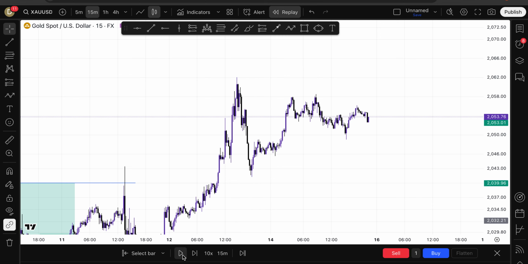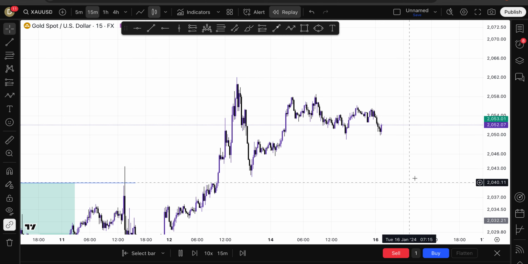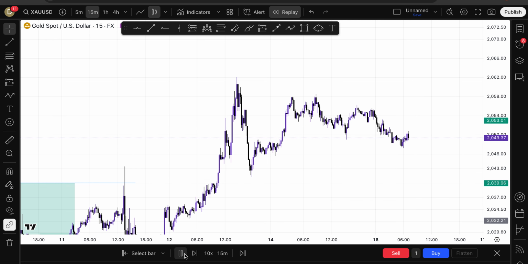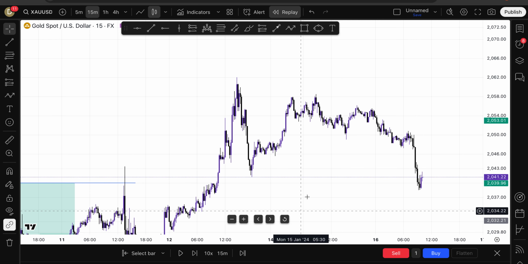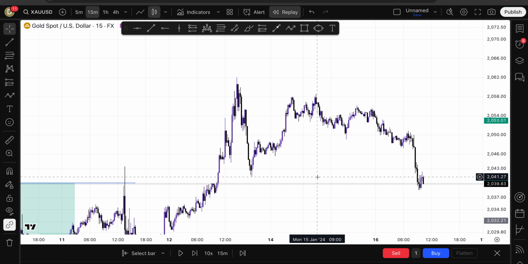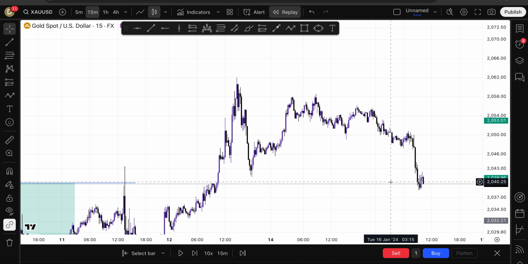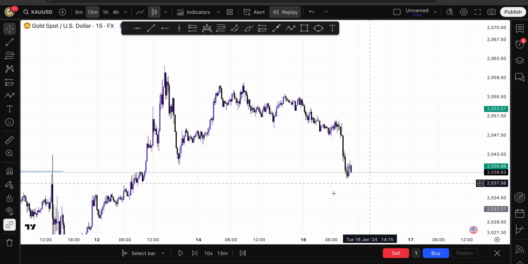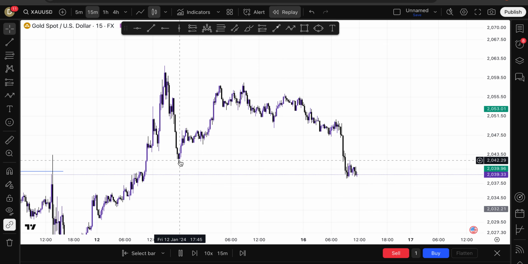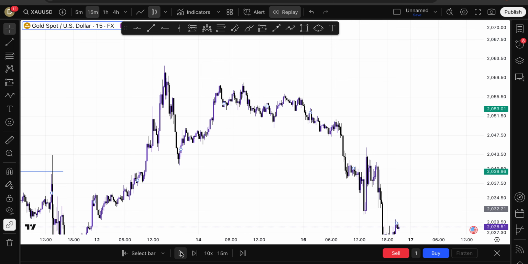So to be on the safer side, let us watch. Okay, you see, to be on the safer side, this is exactly what I was saying. So let's go, and don't be surprised if here automatically becomes our liquidity sweep. It doesn't.